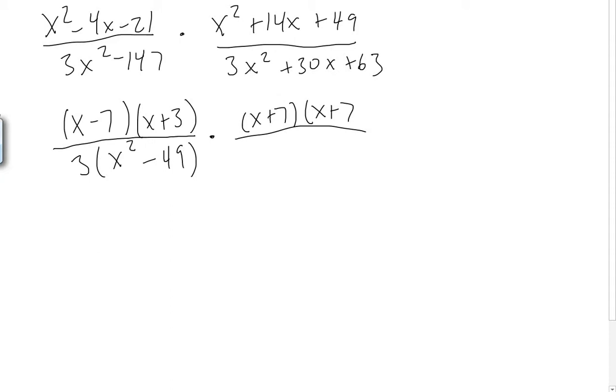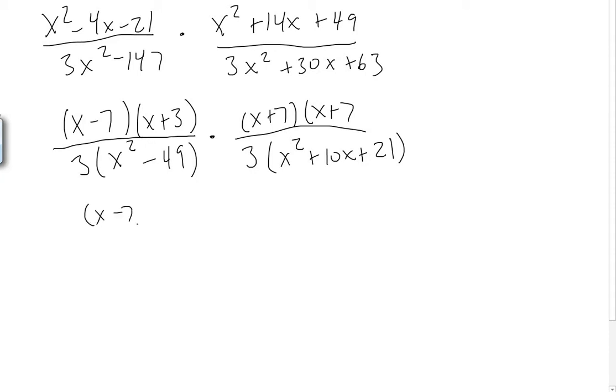And then I could try to factor this expression on the right, 3x squared plus 30x plus 63, but I see that a 3 comes out of the denominator as well there. So then I'm left with x squared plus 10x plus 21. I'd much rather try to factor this because a is 1. I don't have to do the AC method. So let me keep factoring.